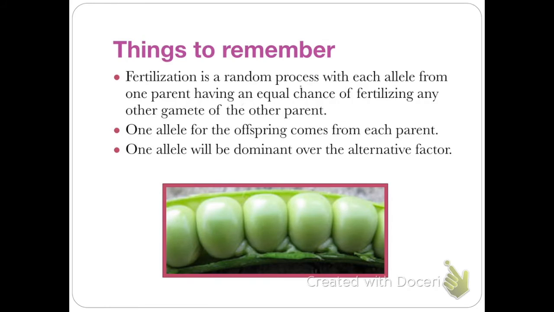So again, variation in offspring is enormous, and that's why we have so many unique individuals. One allele for the offspring comes from each parent, and one allele will be dominant over the alternative factor. So in most cases, other than codominant situations, one of the alleles will be dominant and will overshadow the other factor.